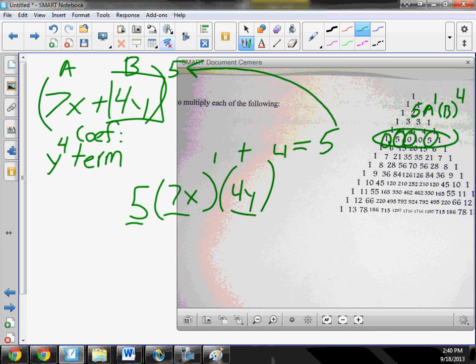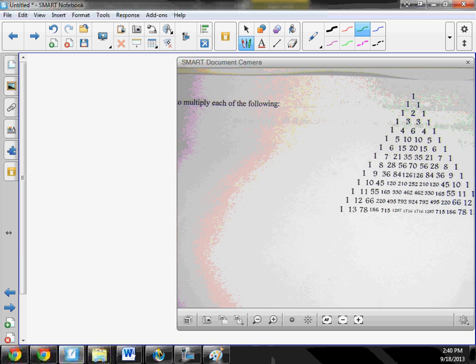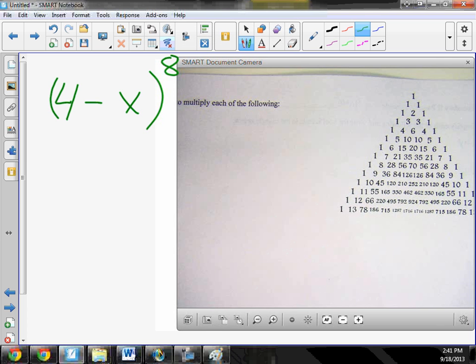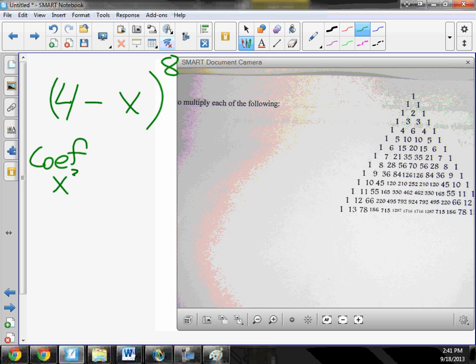Okay, let's look at another one. What is my coefficient of the x to the third term? So we look at row 8.